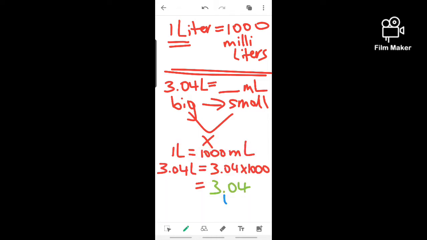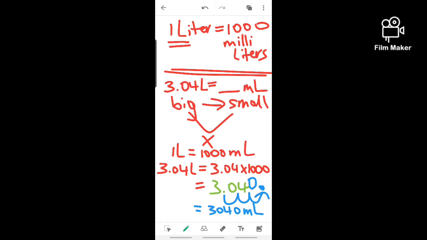So 1 place to the right, 2 places to the right, and finally 3 places to the right. So our new decimal point is going to be there, and we're going to add in another 0. So our final answer is 3.04 liters is equal to 3,040 milliliters, okay? So that's our first one.